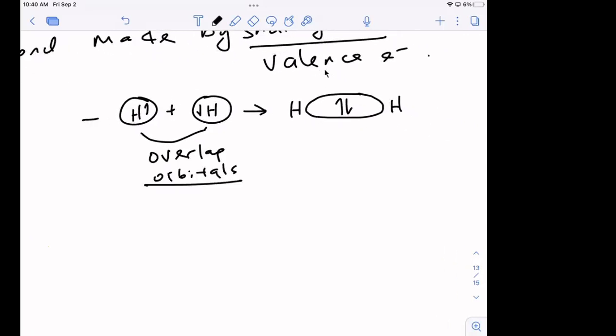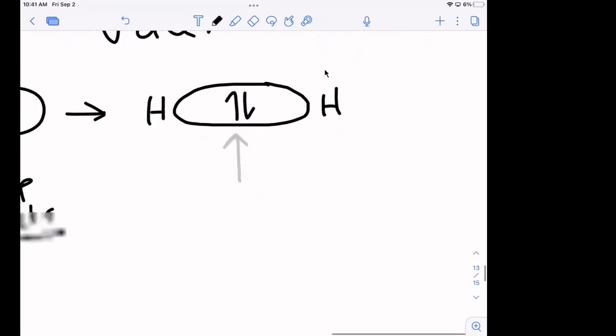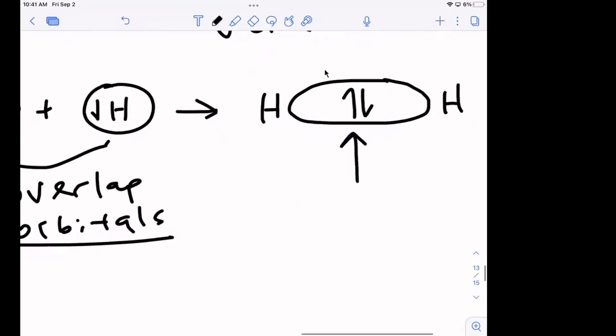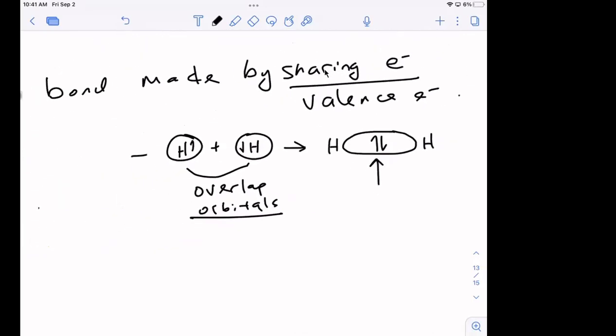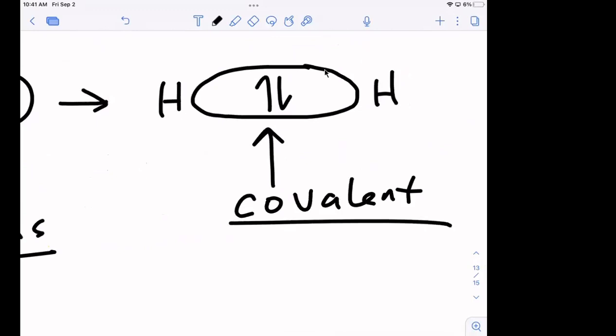When you add them, that additive effect is shown here, where instead of two hydrogen atoms in separate s orbitals, you add them together and you get a new orbital. So this bond between those two hydrogens is what we call covalent, right? The co part again is shared. The valence outer shells are shared, so we call it covalent.